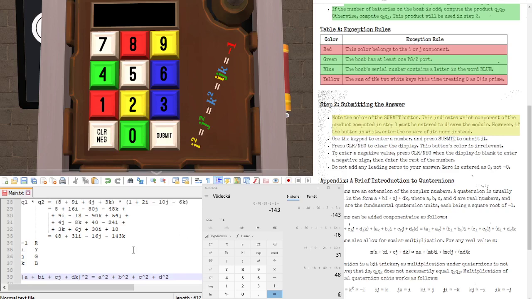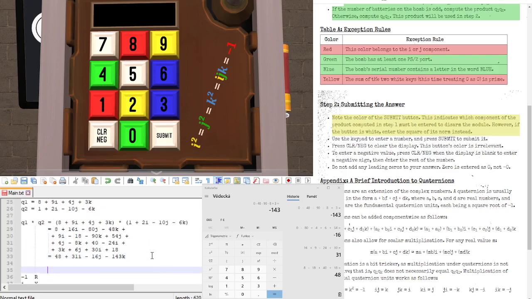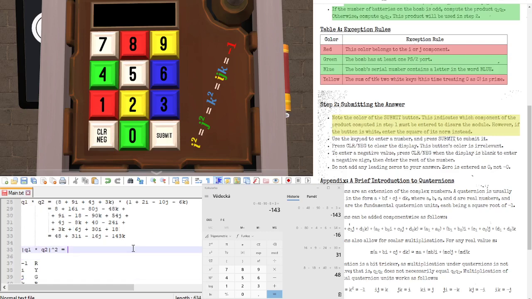So now we can apply this here and take the square of the norm of the product of those two quaternions in this order, which is important, every single word is important in that sentence.